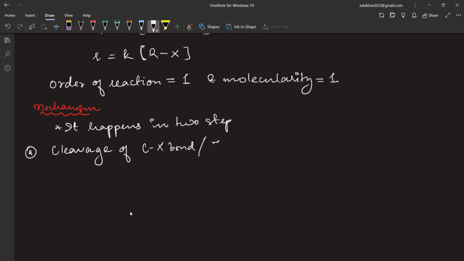This step is also known as formation of carbocation. A carbon atom will be there, bonded with three other groups or atoms and X, that is, halogen.